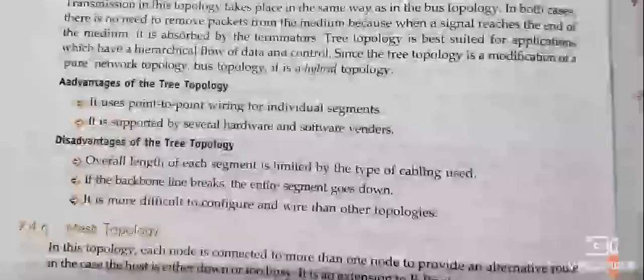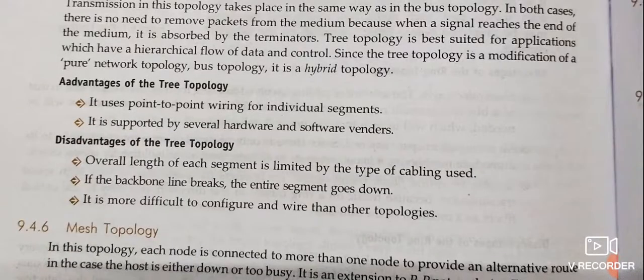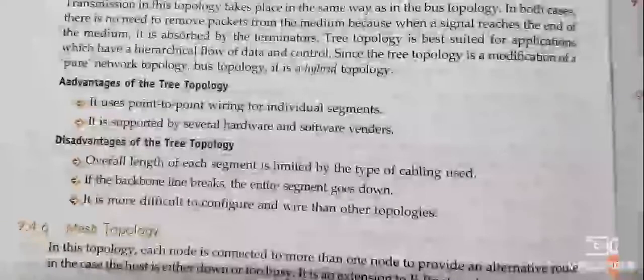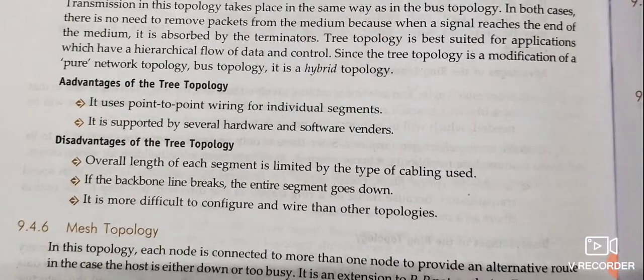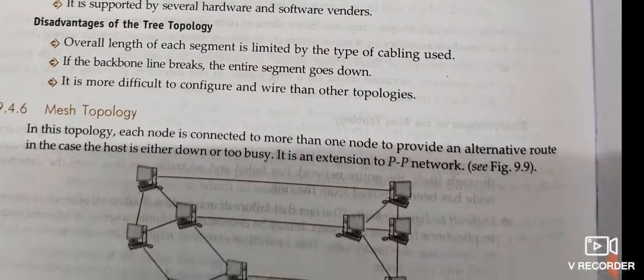Yes, you can see that many nodes are connected to make the structure of the tree, right? So for that it requires a huge amount of wires and cables, so it is very difficult to reconfigure in this topology. Clear?